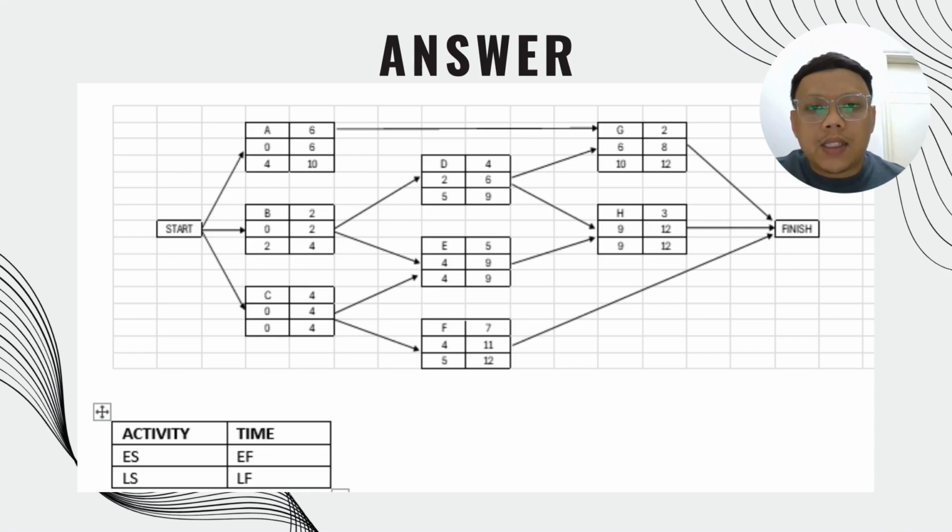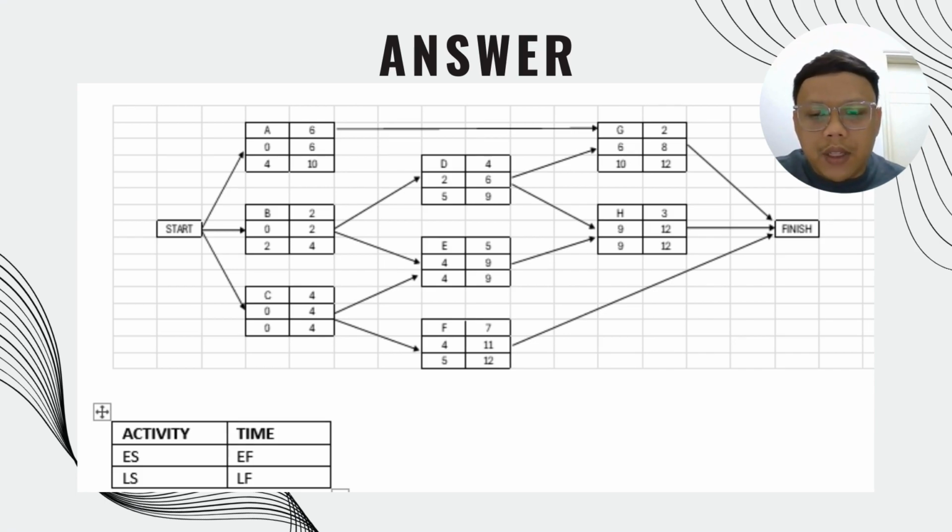For the second answer, for each activity: early start, early finish, late start, late finish. For activity A, time is 6, early start is 0, early finish is 6, late start is 4 and late finish is 10.